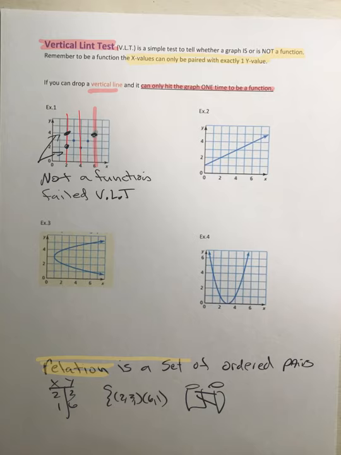So look at example number 2. Imagine yourself dropping any vertical line. No matter which vertical line I drop, it's only going to hit that graph. This is called the graph, right? What it's on is called graph paper, but that line is the actual graph.